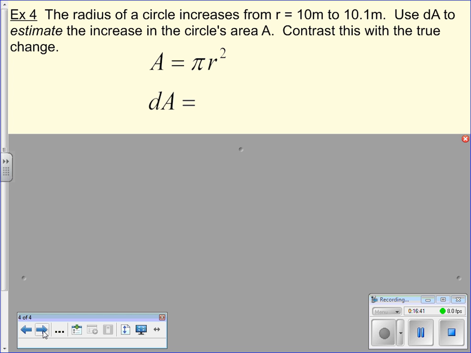If I change the radius, how does that change the area? So what I need to do is take the derivative of the area function. The derivative of A is dA. The derivative of pi r squared is 2 pi r dr.